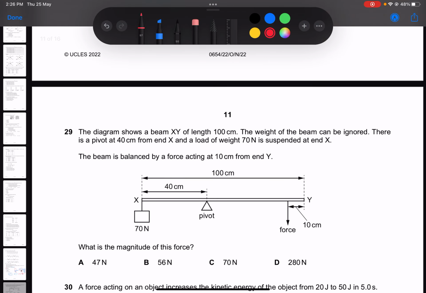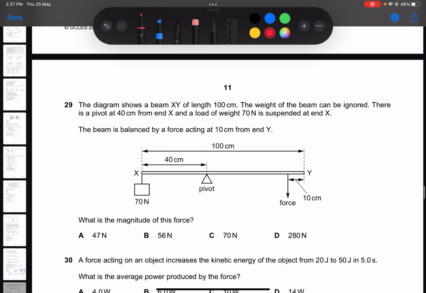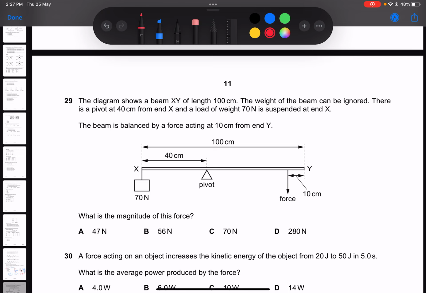Next problem, 29. It's related to moments, I guess. The diagram shows a beam XY of length 1 meter, basically 100 centimeters. The weight of the beam can be ignored; we assume there is no weight of the beam.